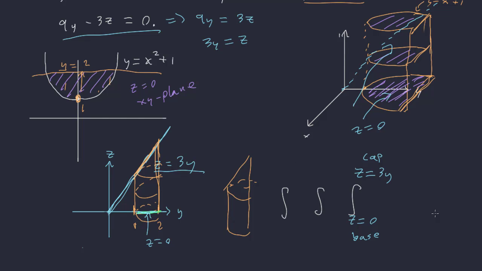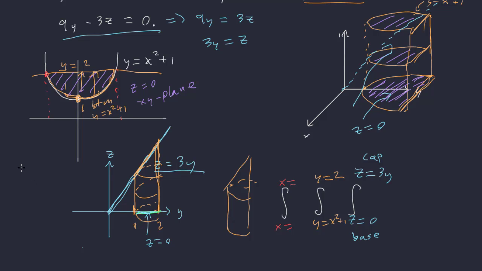Okay. Then we're going to look at the y. Well, now we can talk about this in terms of bottom and top. The bottom is the y equals x squared plus 1, and the top is y equals 2. Okay? And then for the x limits, well, all that's left to do here is see where these intersect.